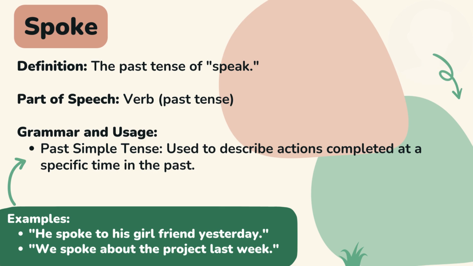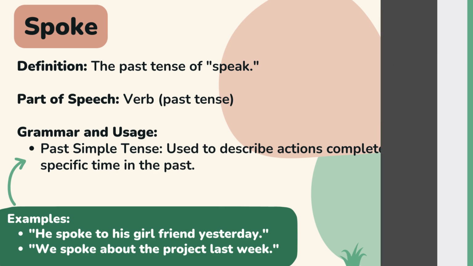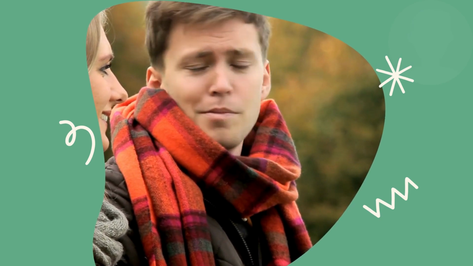Now keep in mind, you use spoke when referring to a specific time in the past, and it is an irregular verb, so it doesn't follow the regular ed pattern. So, common mistakes, just remember, it's spoke and is used for actions that have been completed in the past.